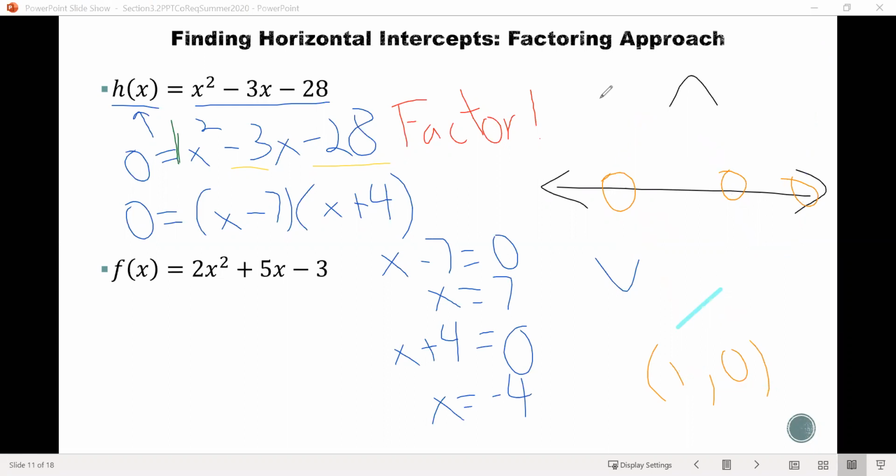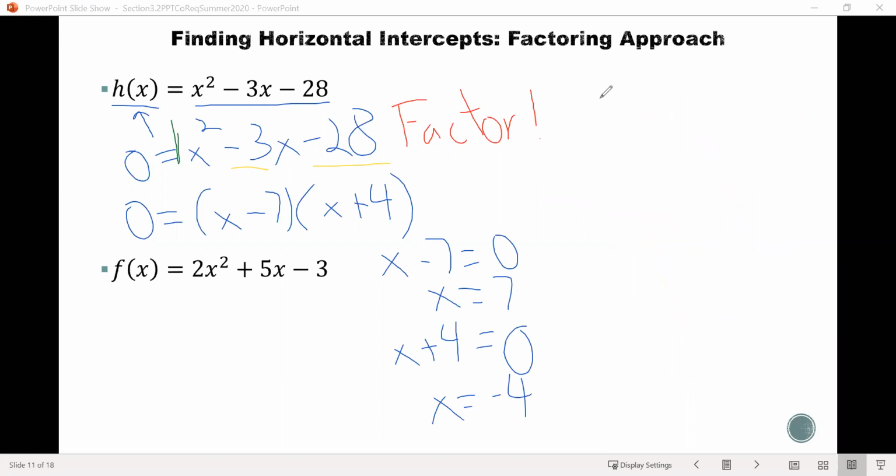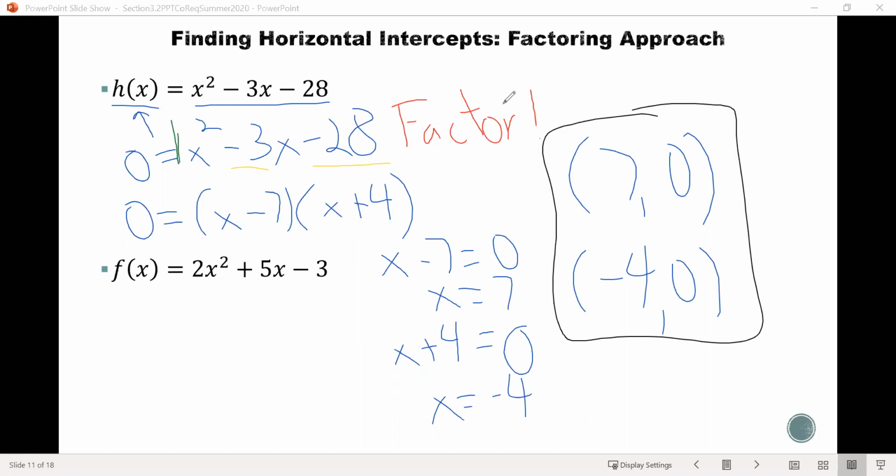So we'll write our answers like that. Because we found x equals 7, we know 7, 0 is one of our horizontal intercepts. And we also found that x equals negative 4, so we know negative 4, 0 is also a horizontal intercept for that first function.